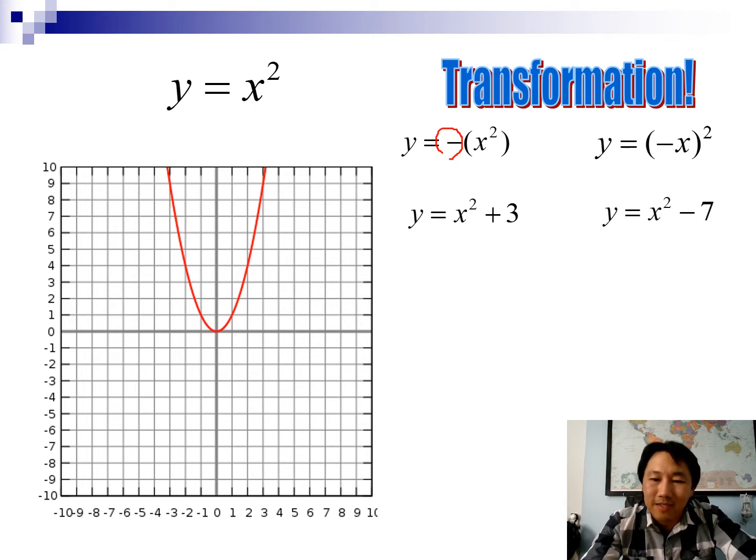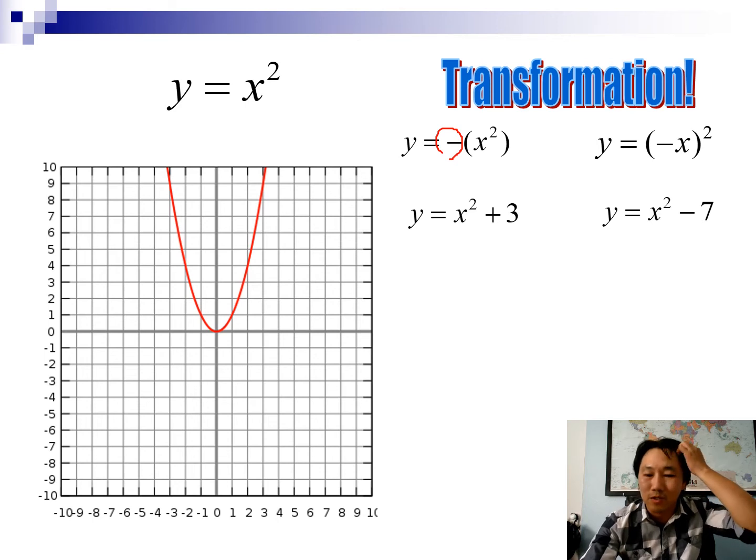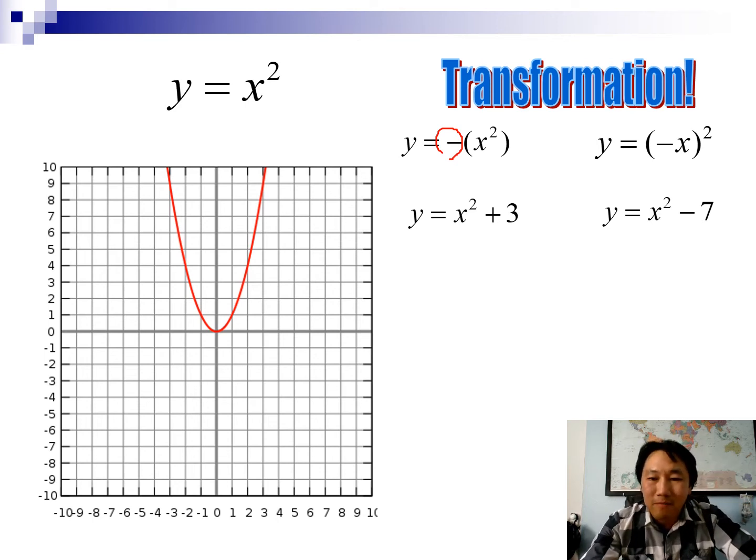What happens when it's x squared minus 7? Now a lot of people think that has something to do with shifting 7 units, but since it's minus, it might reflect it, might flip it upside down, but that is not the case. It is just shifted 7 units down.